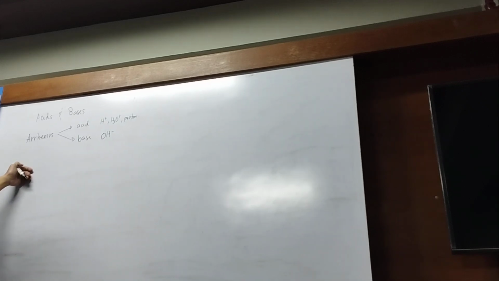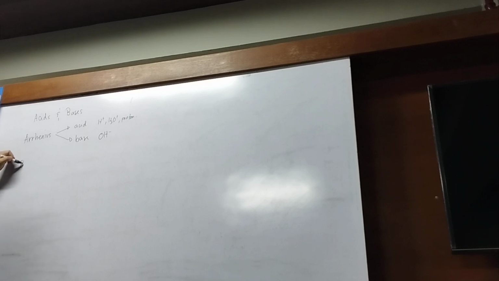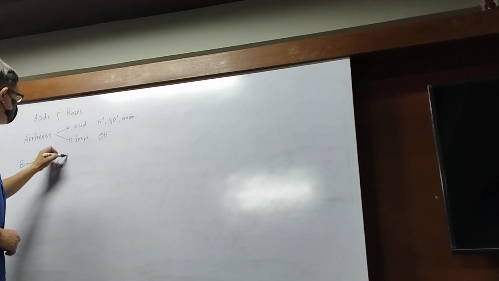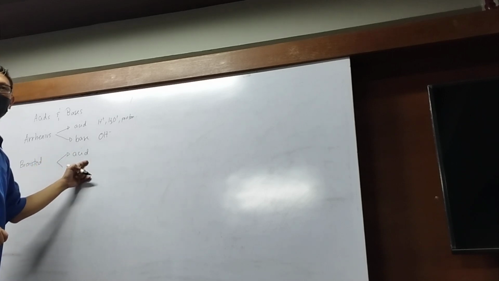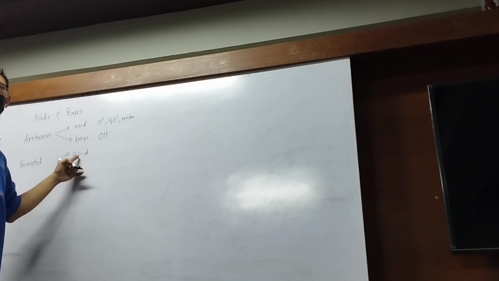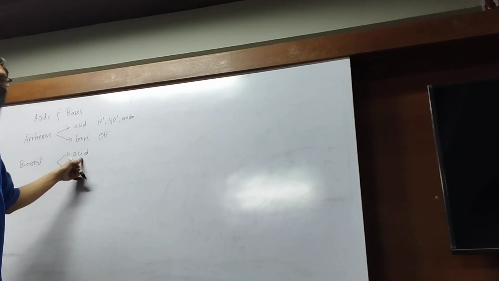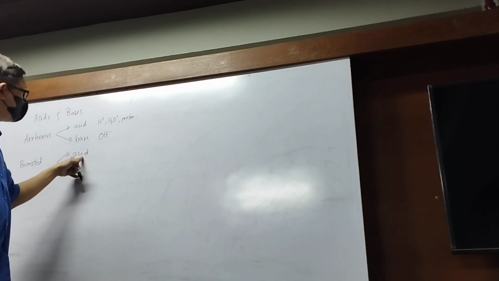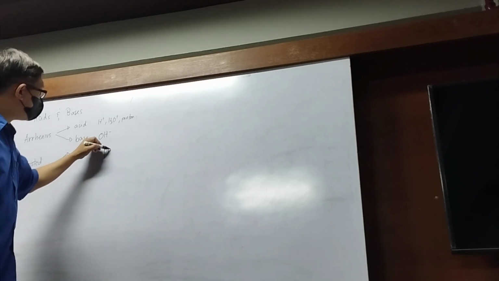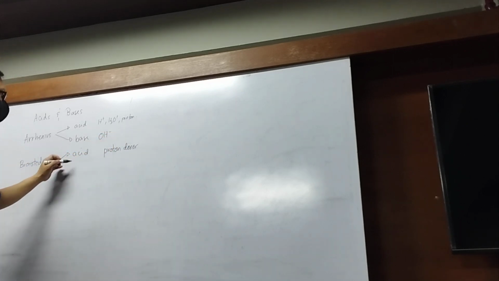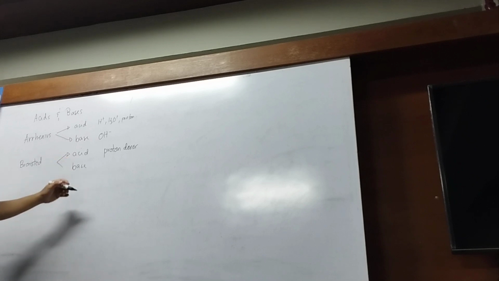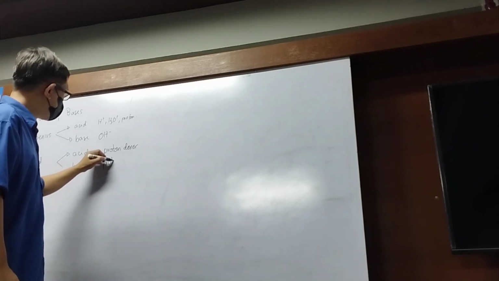Okay? For Arrhenius. When you say Bronsted, the definition of Bronsted acid and base. So when you say something is an acid, what did I say in the video? An acid is a proton donor. So a base is what? Okay, proton acceptor.